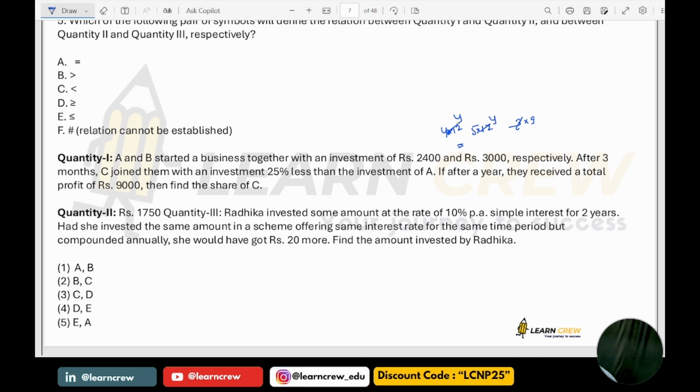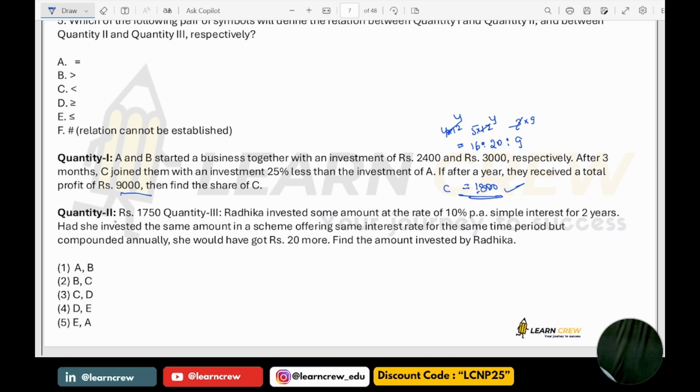So 16 is to 20 is to 9. So 45 parts is 9000, each part is 200. C would be 9 parts, 9 into 200 would be 1800. Okay, C's share is 1800 here.